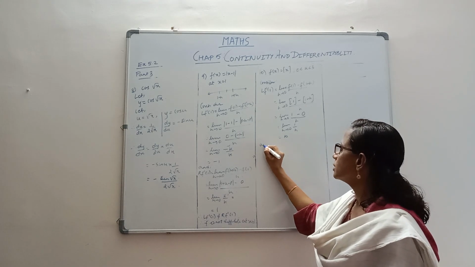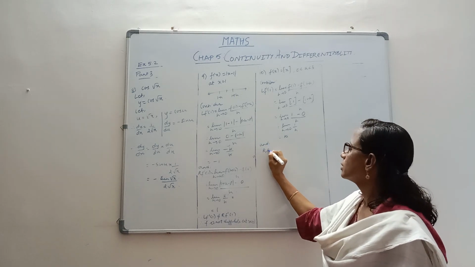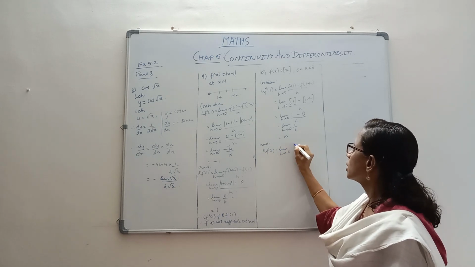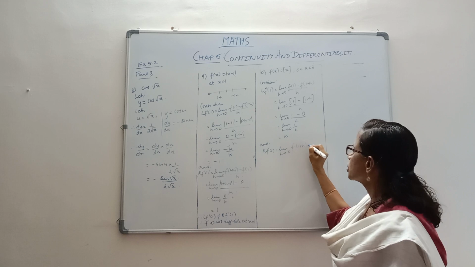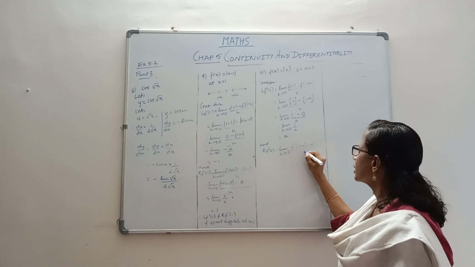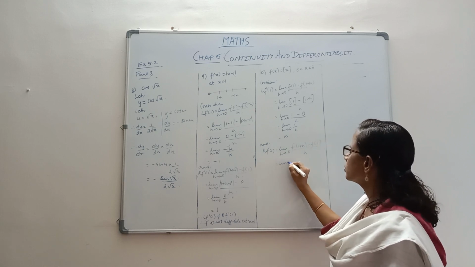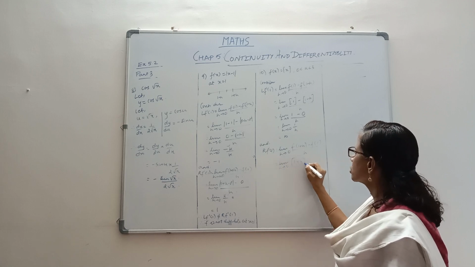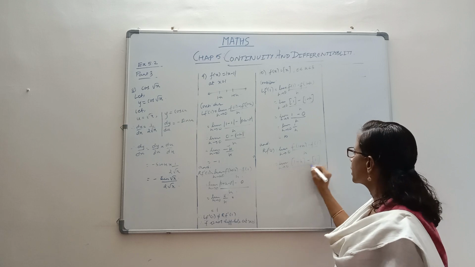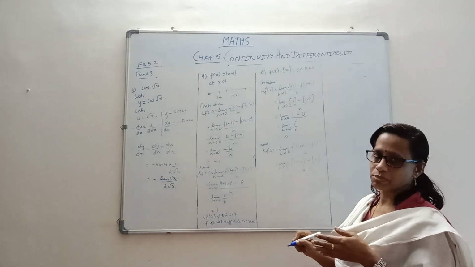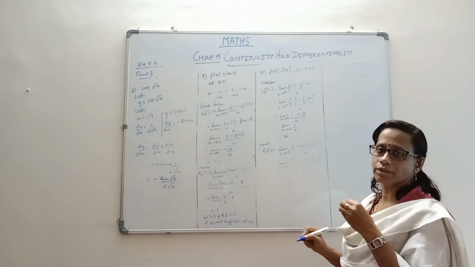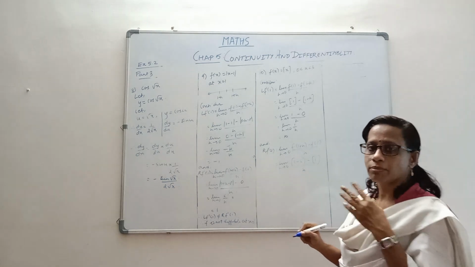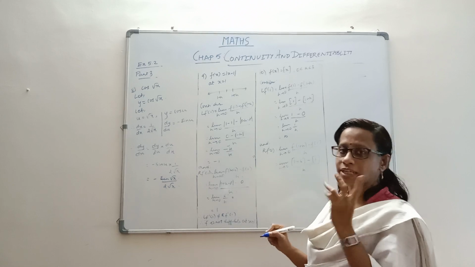Now consider the right limit. Limit as h goes to 0, f of 1 plus h minus f of 1, by h. How much does it come to? f of 1 plus h is the greatest integer of 1 plus h, minus the greatest integer of 1, by h. 1 plus h means 1 plus some small value, something like 1.1 or 1.2. Automatically, the integer before that is 1.